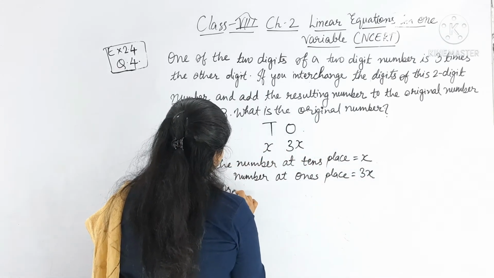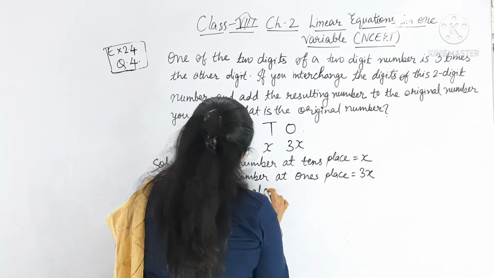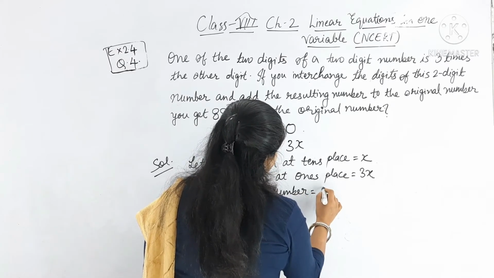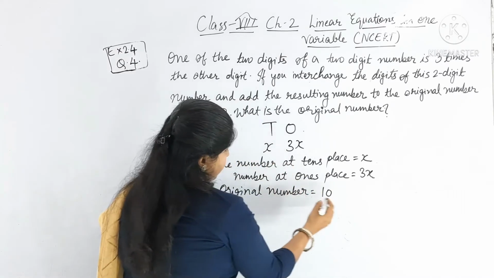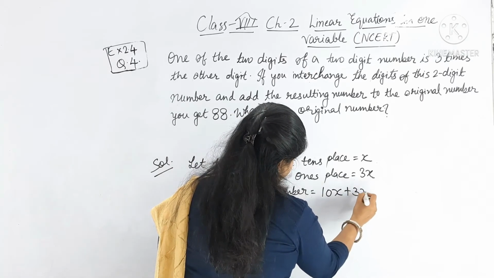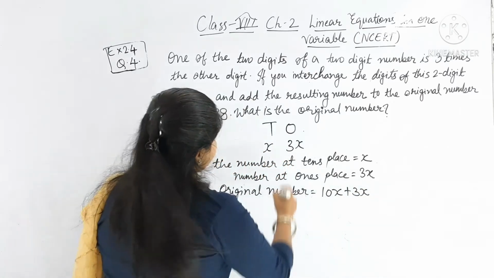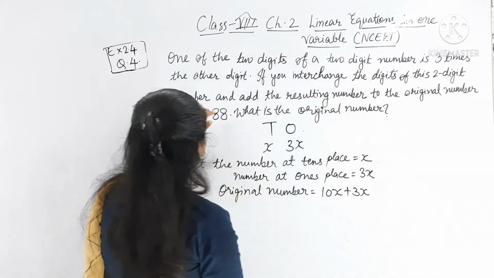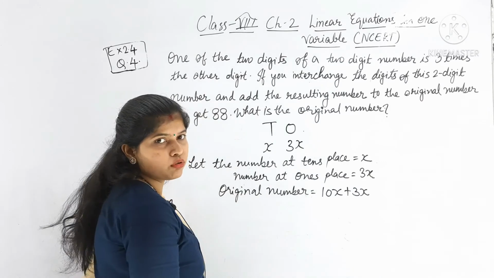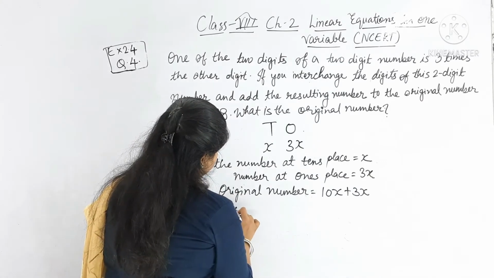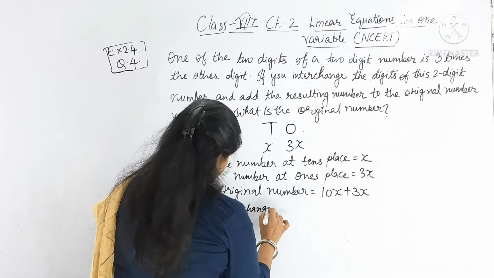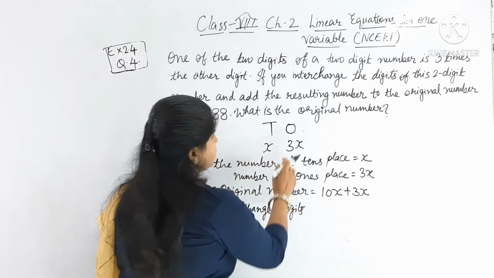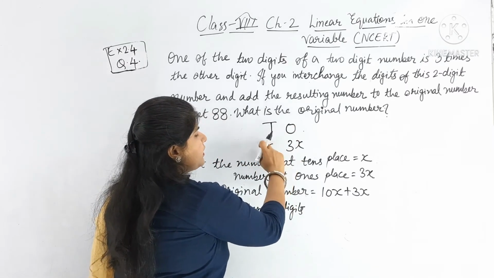So what will be the original number? Like question number 3, we write the original number. So here it is 10 multiplied by x, 10x plus 3x. If you interchange the digits of this 2-digit number, interchange means the ones place will be the tens place and the tens place will be the ones place.